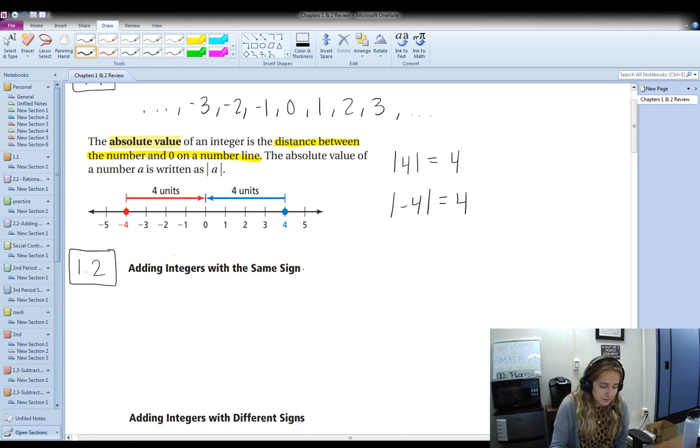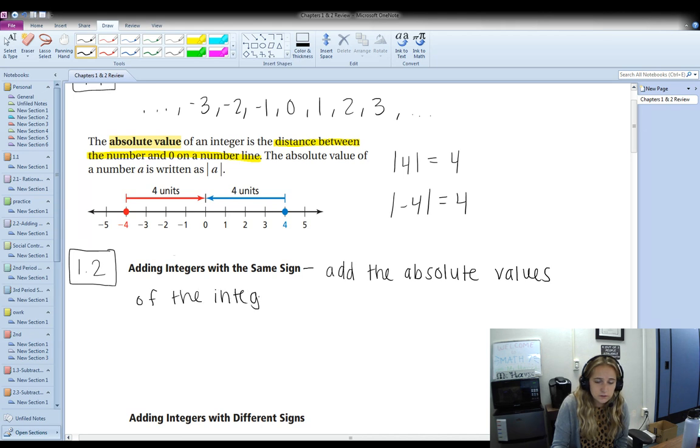And the rule is add the absolute values of the integers, then use the common sign. Okay?